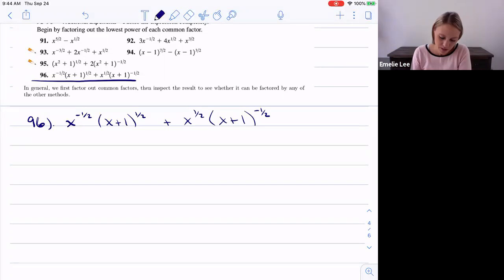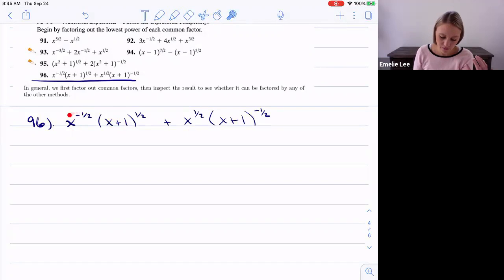So first thing I'm going to do is go ahead and look at each of these. Just like I did before where we had that 7x to the 4y squared something, I'm going to look at each of these terms, right? Because this is x to the negative 1/2 times x plus 1 to the power of something, times x plus 1 to the power of something.